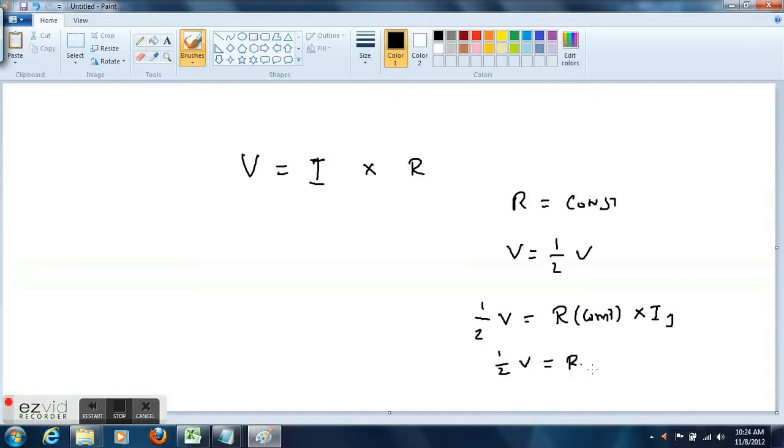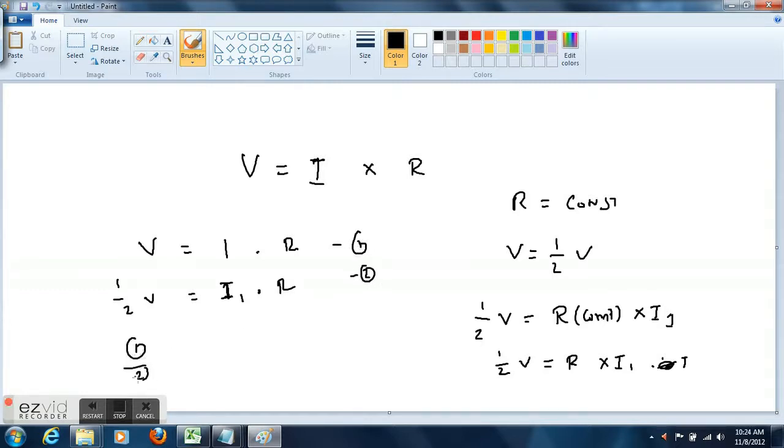So the first equation is V equal to I into R, and the second equation is 1 by 2 V equal to R into I1. R is constant. Now name the first one as 1, second equation as 2.